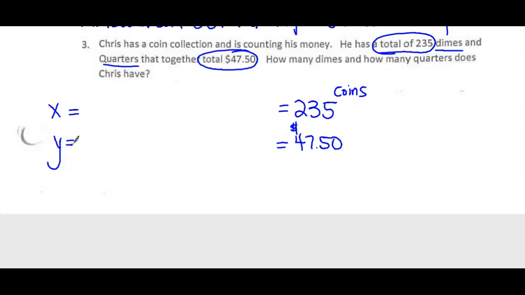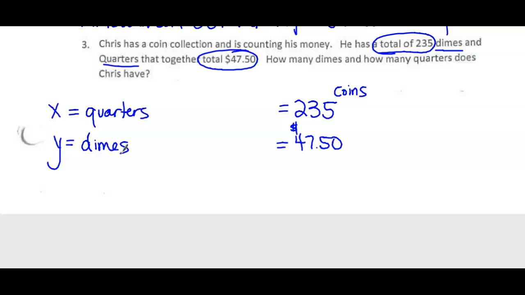I'm going to write something here, and I want you to think, why is Mrs. Warren going to mark this wrong? I'm going to make X quarters and Y dimes. So why do you think I would mark that wrong? Some of you might say, well, it says dimes first over there and quarters second, so you flip-flop them. That's why you would mark it wrong. No, that's not why I would mark it wrong.